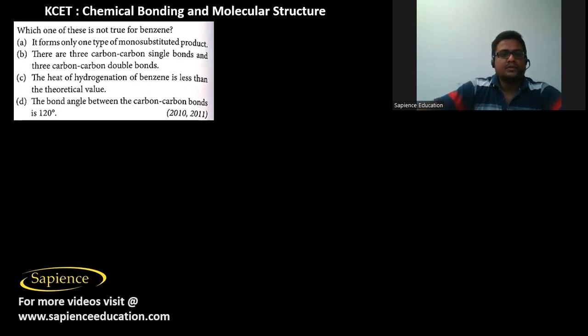Then here it is asked which one of these is not true for benzene. It forms only one type of monosubstituted product. There are 3 carbon-carbon single bonds and 3 carbon-carbon double bonds.